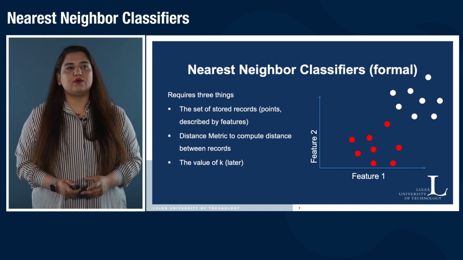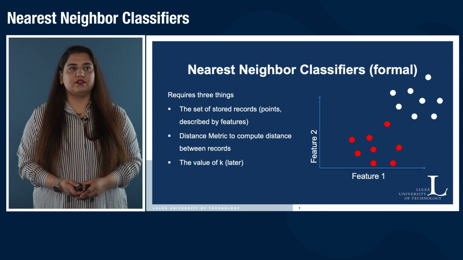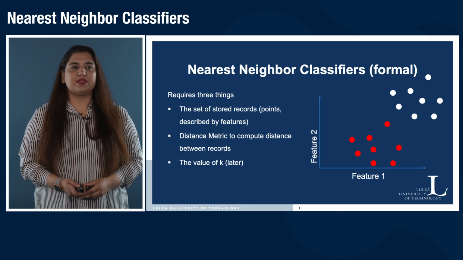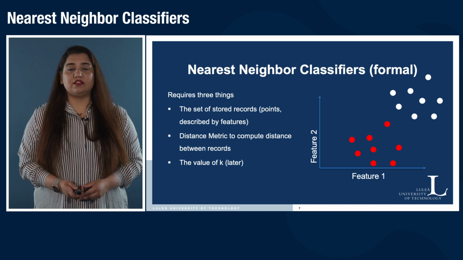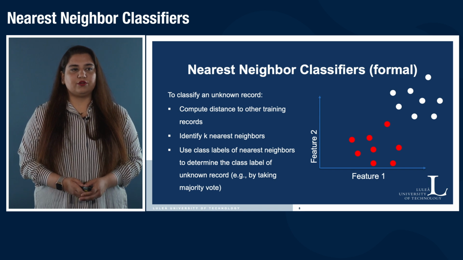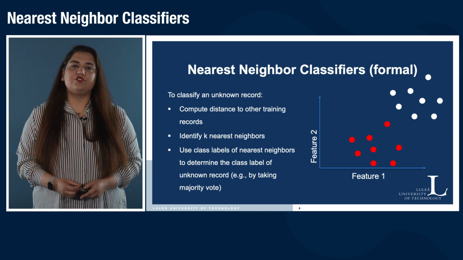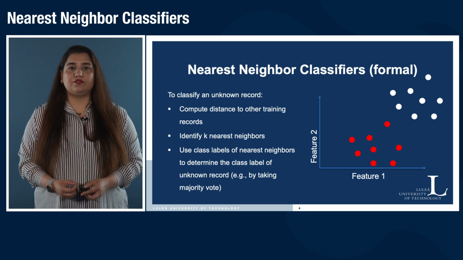It basically requires 3 things: the set of stored records, points described by features as we are mapping them onto the graph, the distance metric to compute distances between records, and the value of k. Let's see how that value of k works. We use labels of every single feature, and we try to create neighbors around that to determine the class of that neighbor.